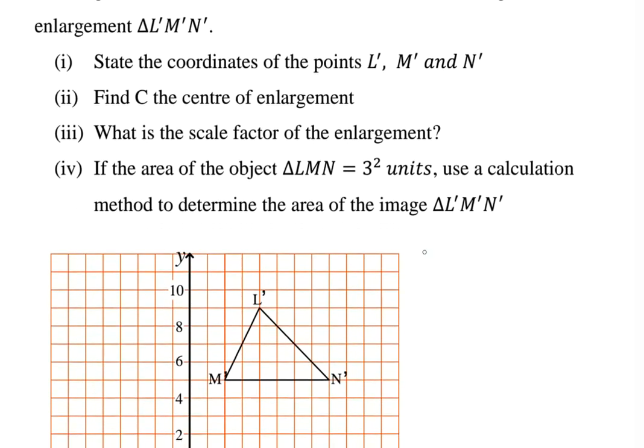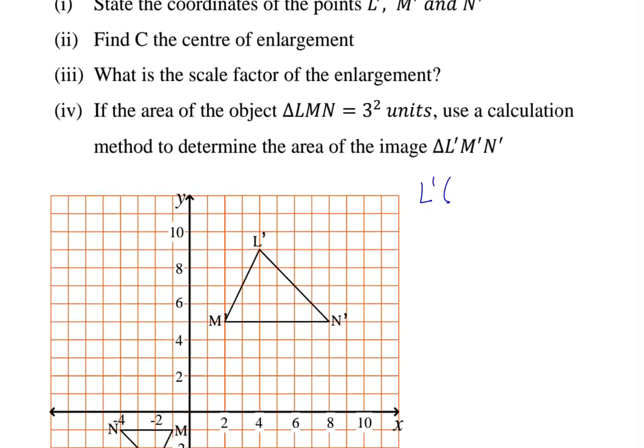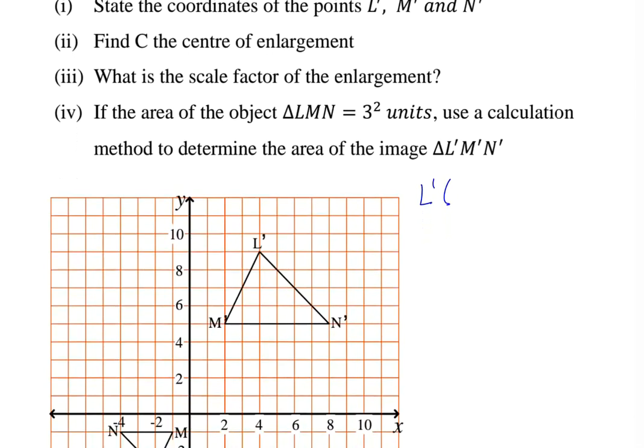From this, we can see clearly L prime is (4, 9), M prime is (2, 5), and N prime is (8, 5). So it's the first thing we're asked to do. This would be I.